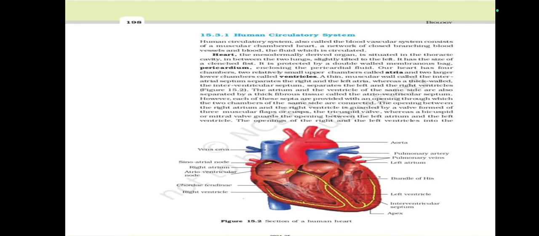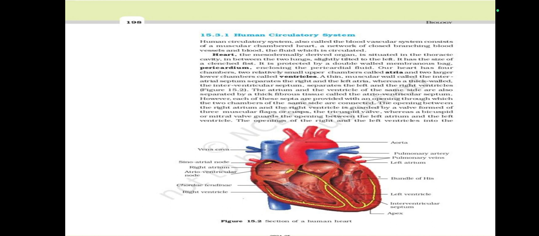The human circulatory system, also called the blood vascular system, consists of a muscular chambered heart, a network of closed branching blood vessels, and blood, the fluid which is circulated. The heart, a mesodermally derived organ, is situated in the thoracic cavity in between the two lungs, slightly tilted to the left.